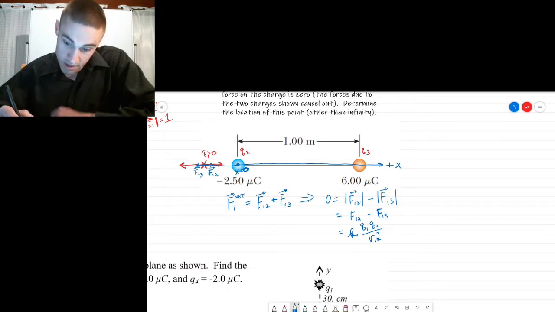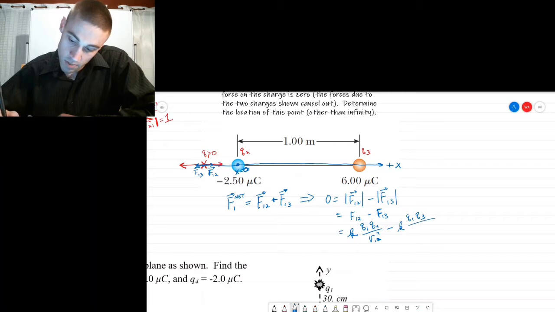I've already taken that into account in my setup here. And this will be subtracted from the magnitude of F13, so that'll be K Q1 Q3 divided by R13 squared. And the left-hand side of these is all 0.